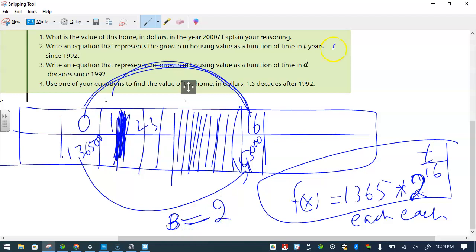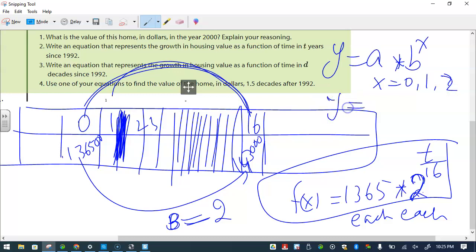But when you talk about our regular exponential function, it is b raised to x, where x is 0, 1, 2. So you want to know each increase of 1. So what you have in the beginning is 13650, and then the growth factor is 2. That 2 is for 16 years, but you want to know every year, so it's like 16 times.